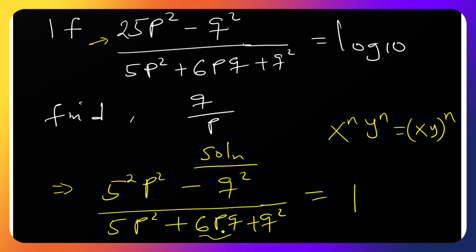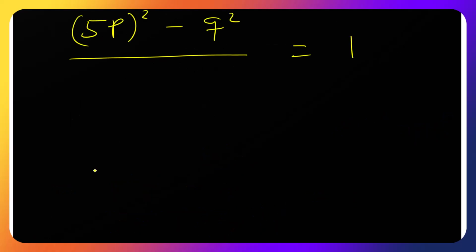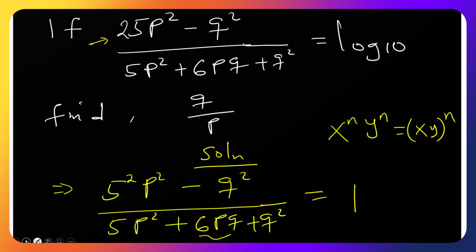So my 6pq will be 5pq plus pq. So we have 5p squared plus 5pq plus pq, which is 6pq. I've done nothing here. Plus q squared.